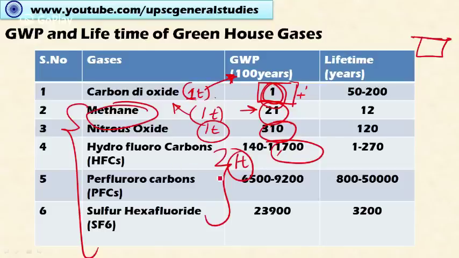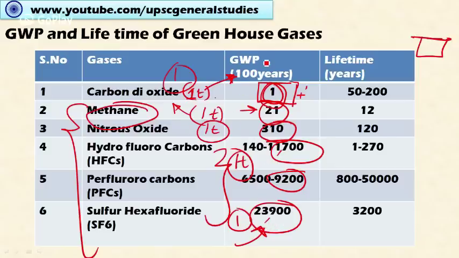Perfluorocarbon also has significant global warming potential, that is 9,200. And sulfur hexafluoride has the highest global warming potential, that is 23,900. That means 1 ton of sulfur hexafluoride results in global warming at 23,900 times the rate of carbon dioxide.